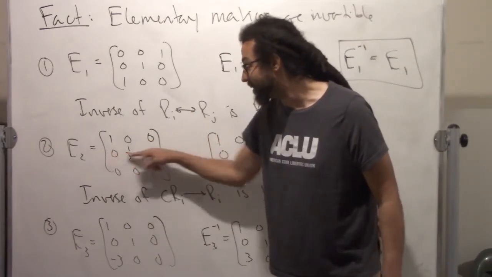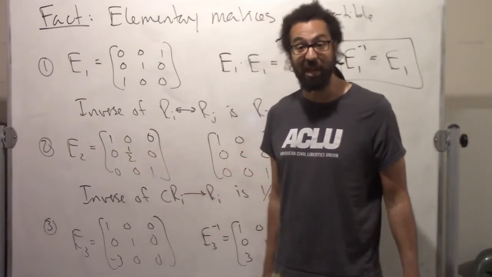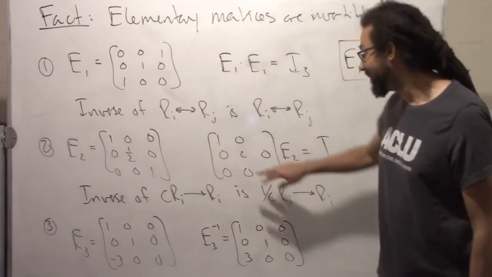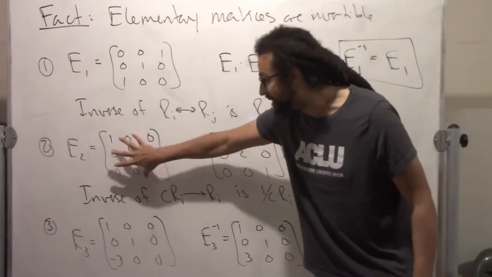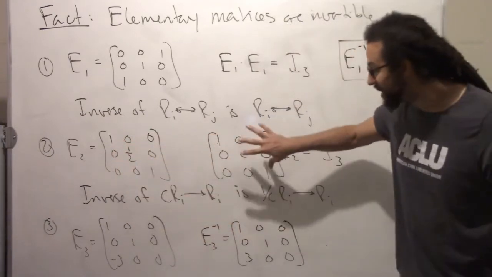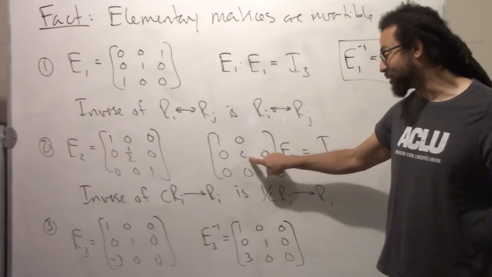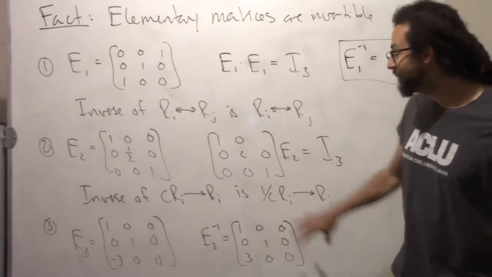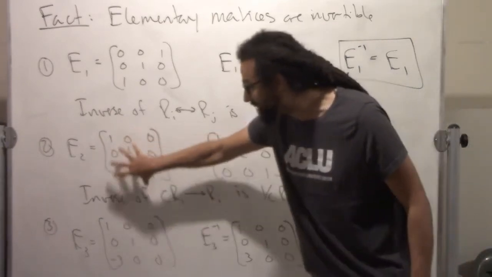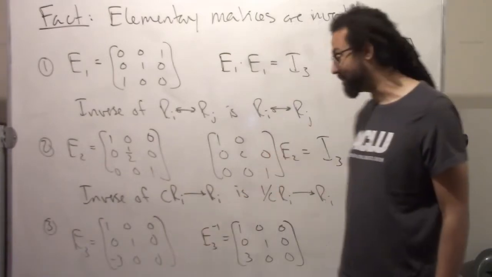Multiply the second row by the non-zero scalar 2. So what's the inverse of this elementary operation? It's going to be this elementary operation: take the identity matrix and multiply the second row by 2. If I multiply this thing by this thing, I'll get back to the identity matrix again.